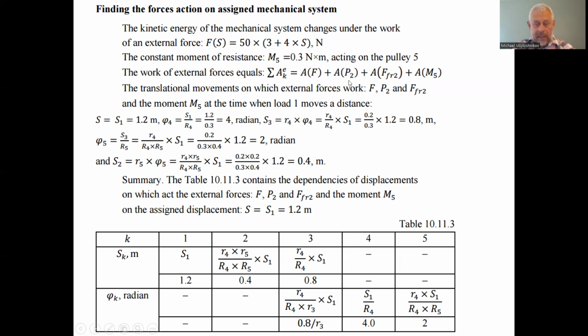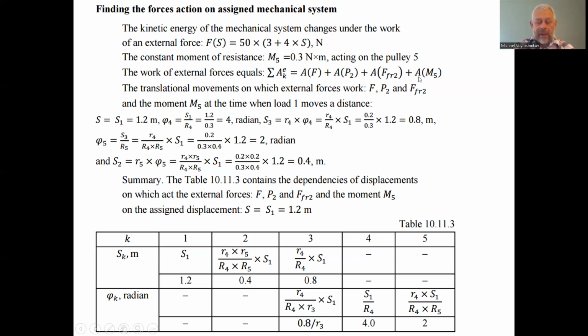What is the path of the second load when the first load goes 1.2 meters? Because these two works, of the weight of the second load and the friction force acting on the second load, are applied in the direction of the motion along the inclined surface, as I remember, at 45 degrees. They depend on the distance of the motion of the second load as well.